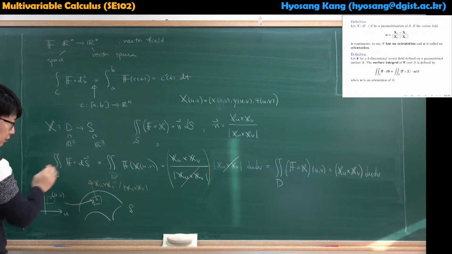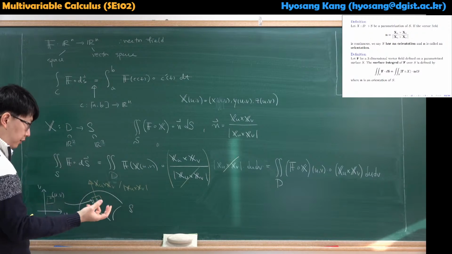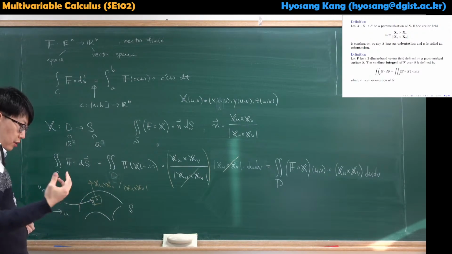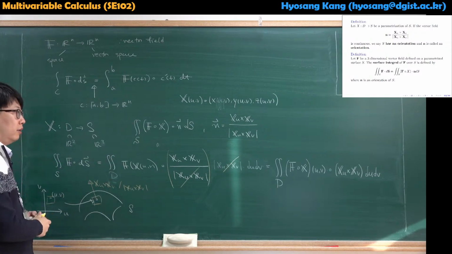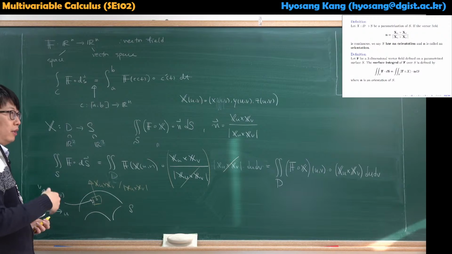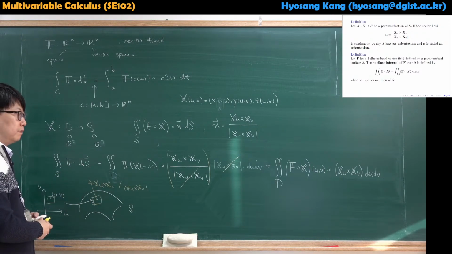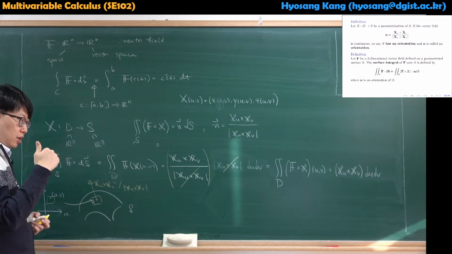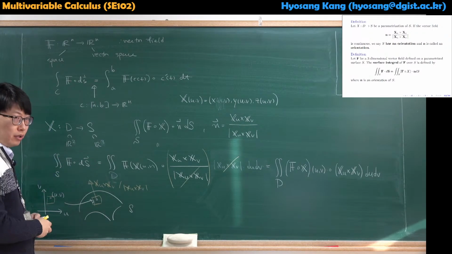So basically the meaning of this line integral and surface integral is the following. For the surface integral case, you're taking the flux of the vector field through the surface S. So when you think about the flux, it's like water flowing out from this surface. So you want to find how much water flows out at a given time. Then you only need to check how much the water particle passes through the surface S in the perpendicular direction.